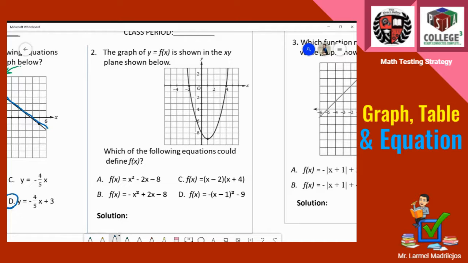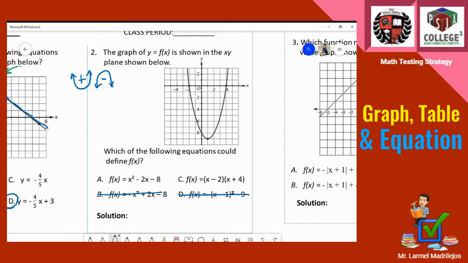The basic is draw our guide. That's my positive, opens up, and that's my negative, opens down. So my graph right now is telling me it's positive. So I can eliminate this and eliminate this.